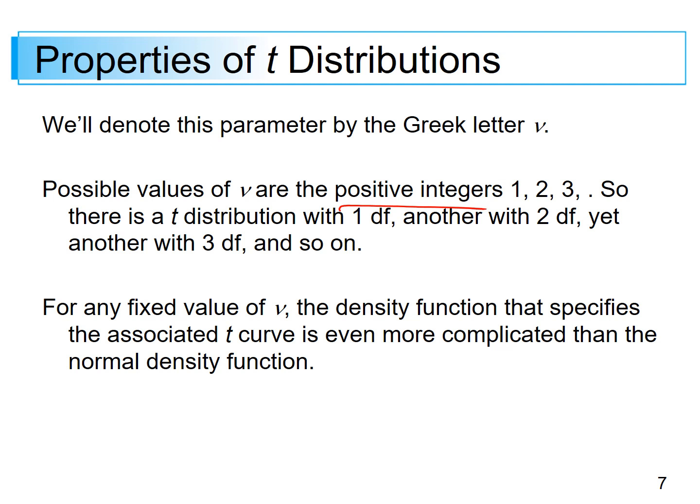The t-density curve is pretty complicated, and we're not going into much detail here, but we will talk about a few properties of the t-curve that relate to our discussion on confidence intervals. We have t-distributions with 2 degrees of freedom, 3 degrees of freedom, and so on.